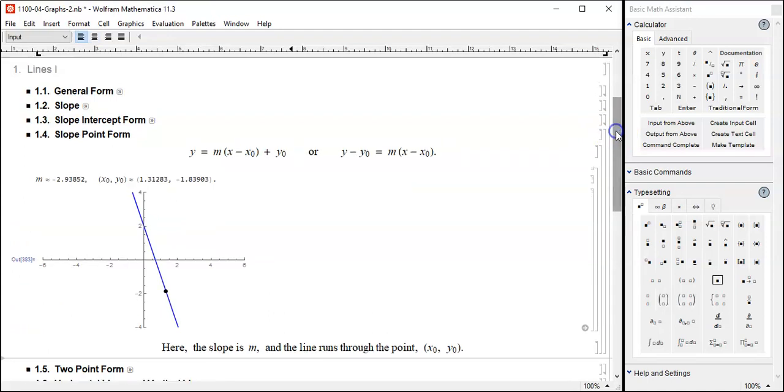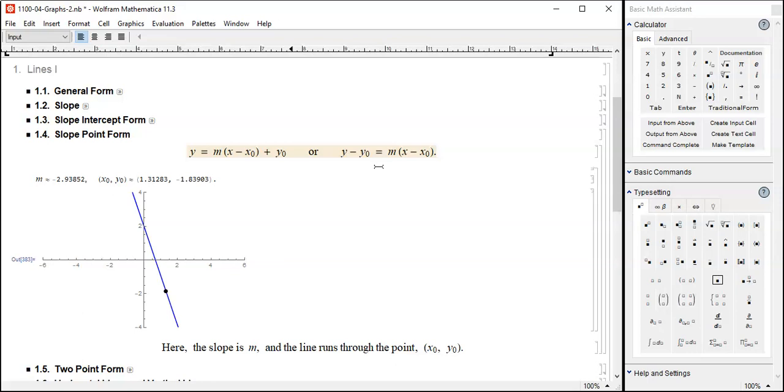Next, slope-point form. The slope is m, the same concept as before, and the line runs through the point (x0, y0). And you can write it like this in the second form, and that form is preferred by our textbook author. y minus y0 is m times x minus x0.